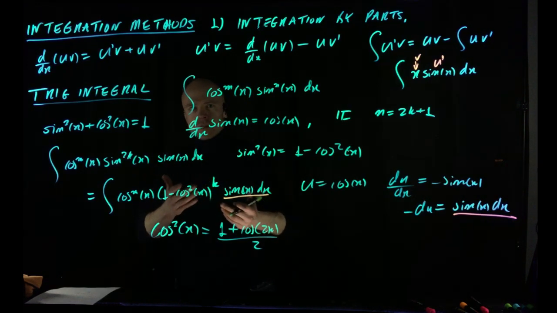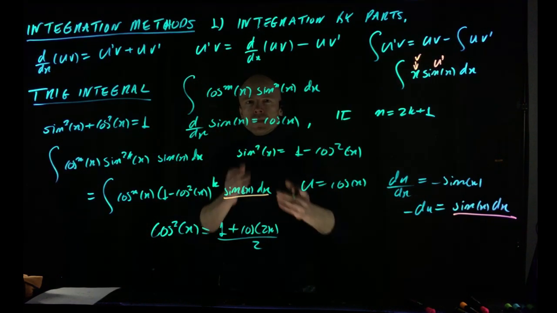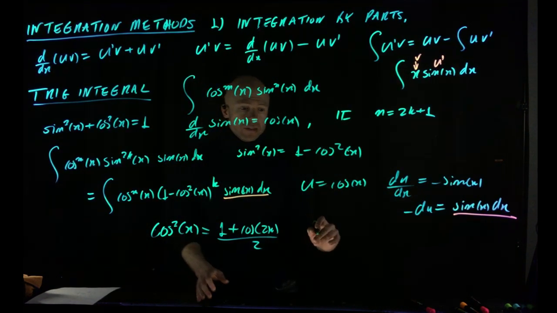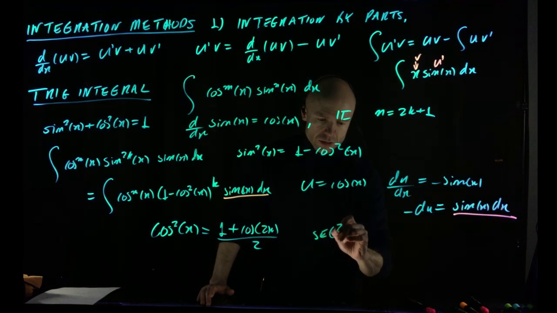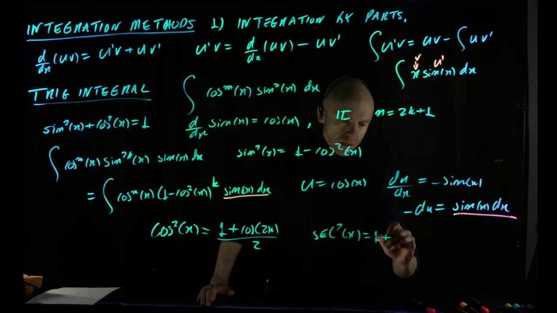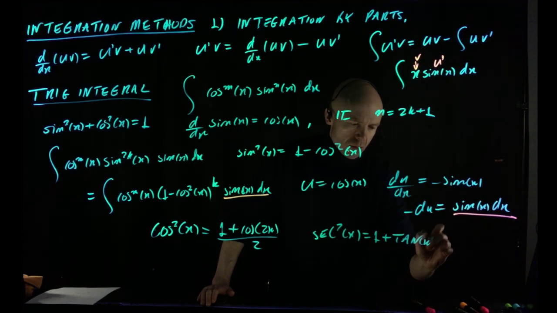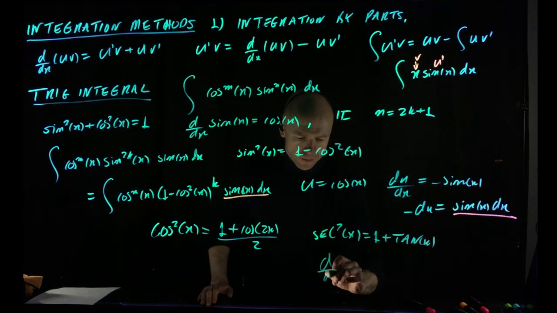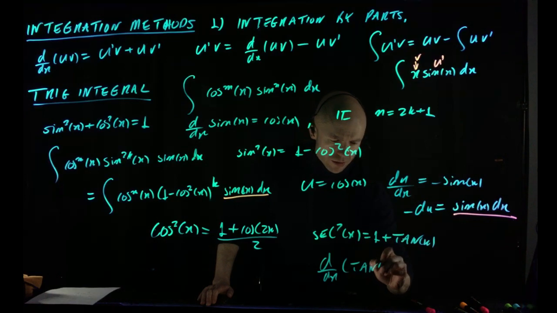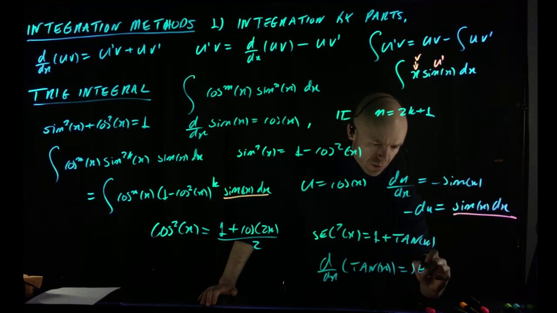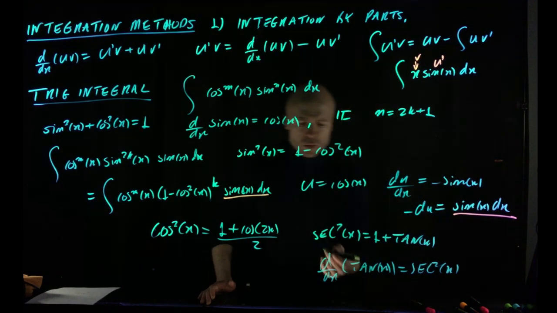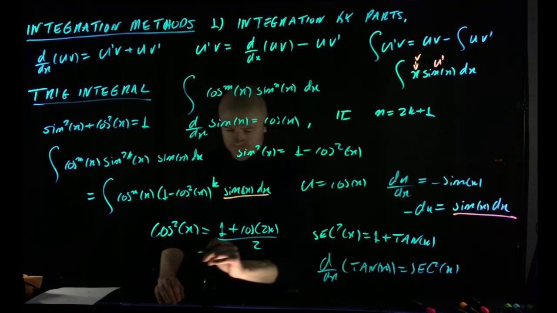We also have an analogous thing when we have tan and sec, and then the identity is that sec squared of x equals 1 plus tan squared of x, and when we differentiate tan, we get sec squared, and then when we differentiate sec, we get sec tan.